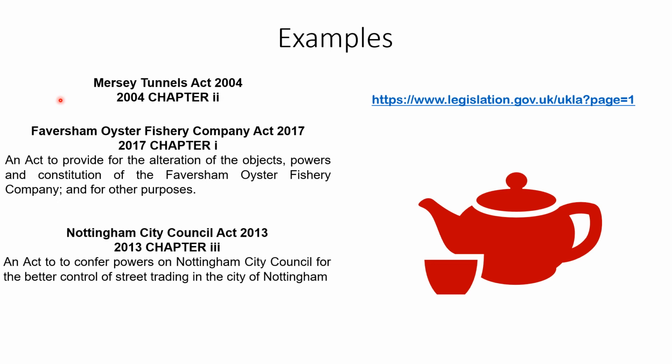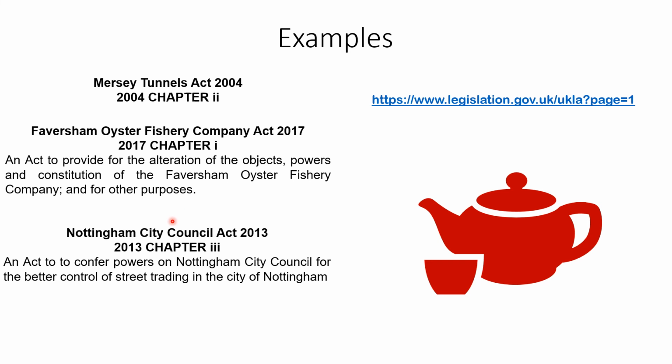It just affected users of the toll tunnels going from Birkenhead and Wallasey into Liverpool. The Faversham Oyster Fishery Company Act 2017 is specific. You can tell by its name. It's about oyster fisheries, and it is not about anything else.